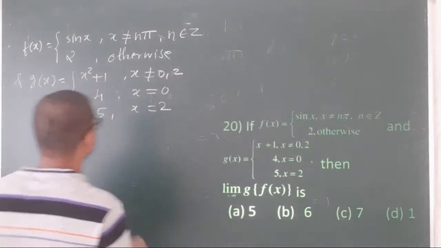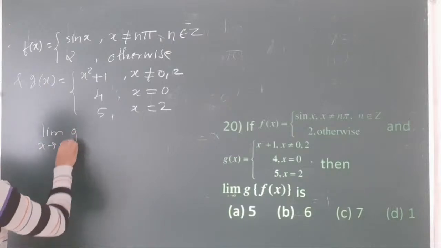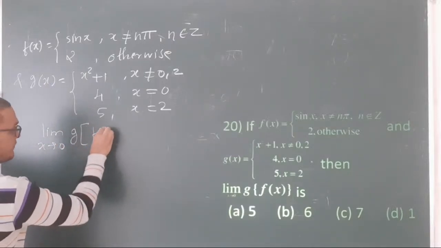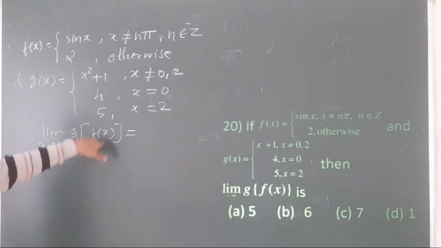Then what is the value of limit x tends to 0 g of f of x? The options are 5, 6, 7, 1.